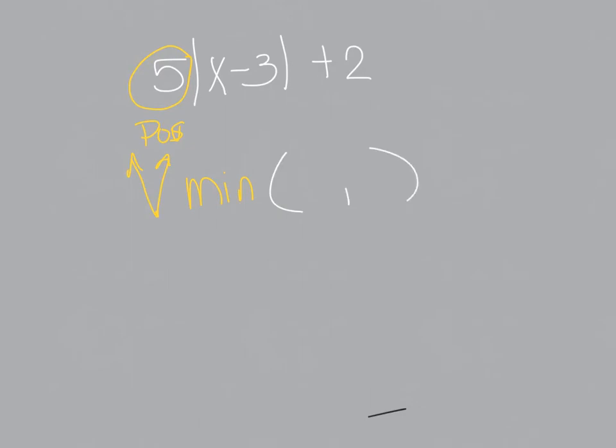And a minimum in my vertex is a minimum, and it will be the opposite of the number outside of x. So it would be positive 3, and then the number outside the bars, 2.